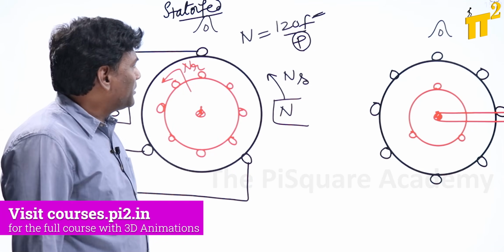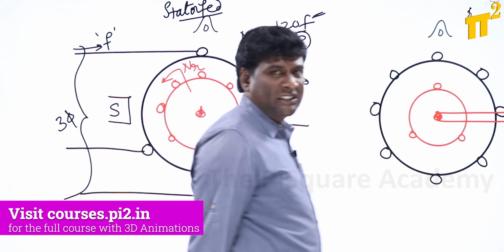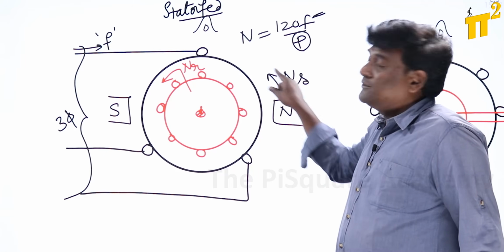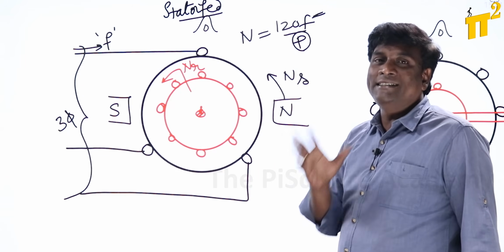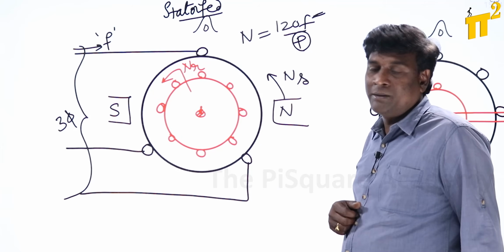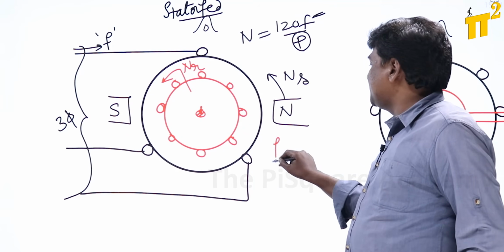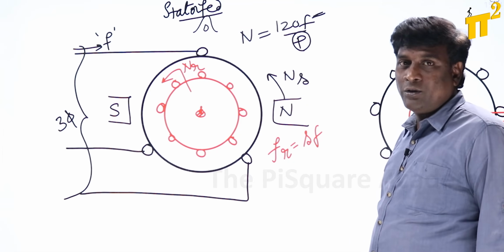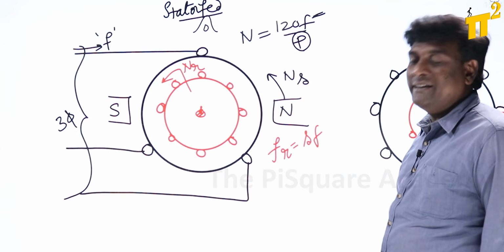For example, my stator MMF is rotating with 3000 RPM, 2-pole machine, 50 Hz. If my rotor is rotating with 2700 RPM, what is the rotor frequency? The frequency of the rotor is slip times frequency. Slip is going to be 10%, and my rotor frequency is going to be 5 Hz.